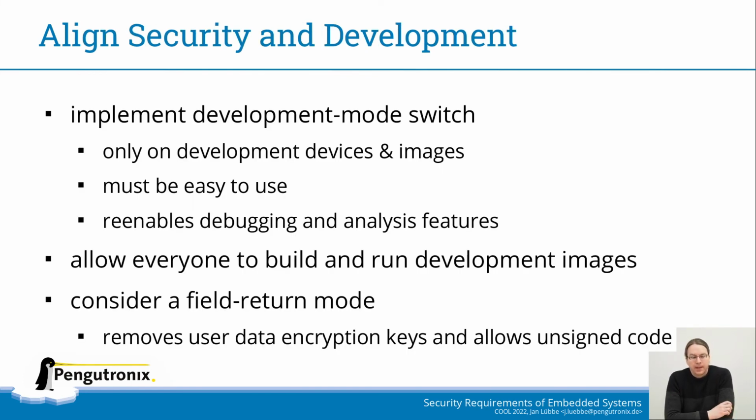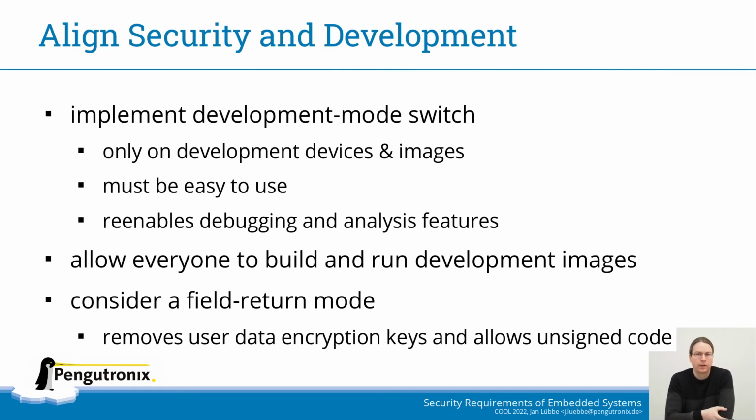So then there are some ways you can get more of the team involved in the security aspects. This can be done by implementing a development mode switch. It's something you should think about early in the project. You have a way to install a more open system on development devices.